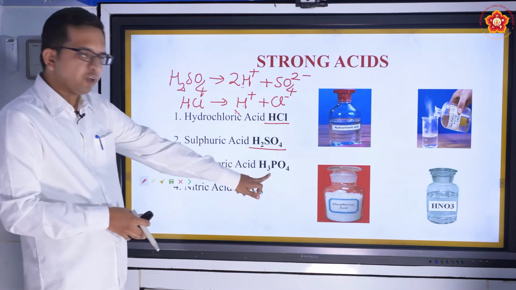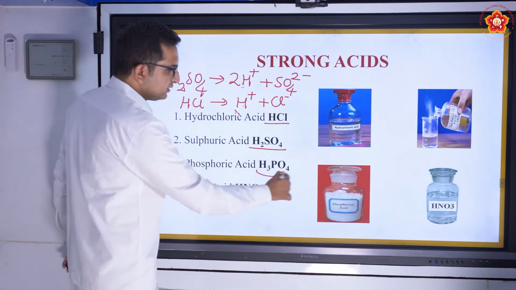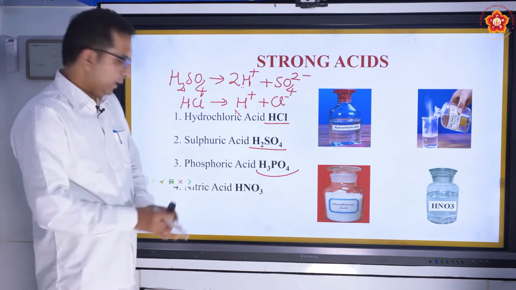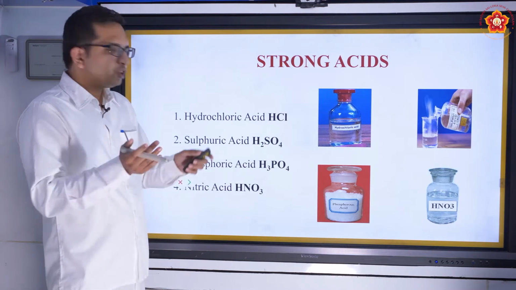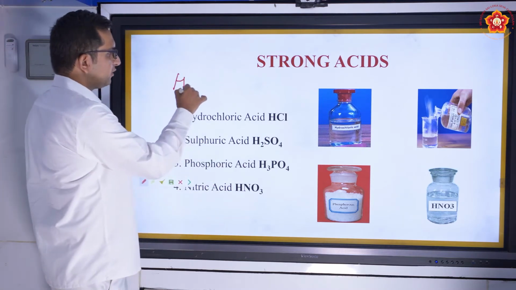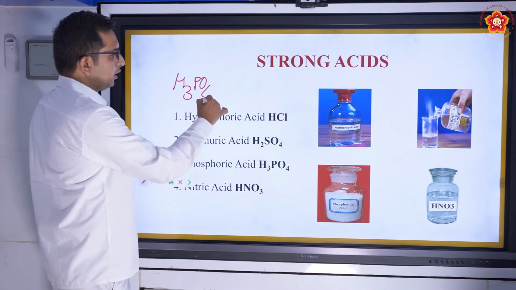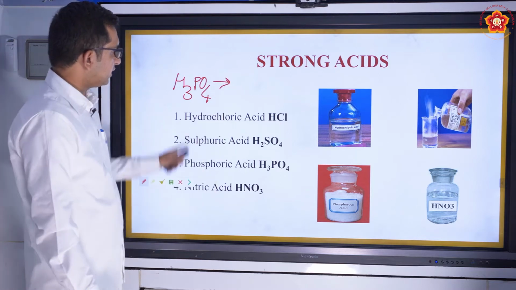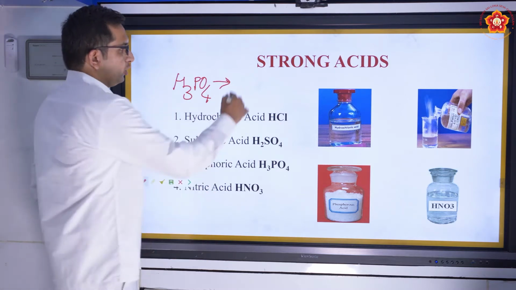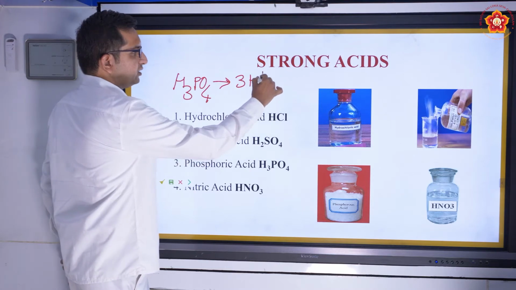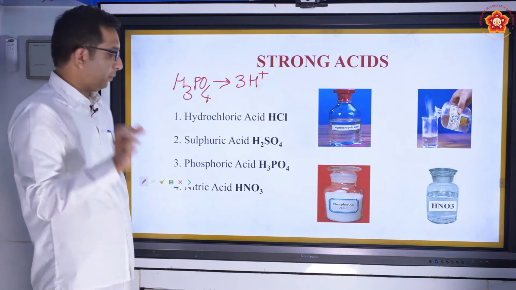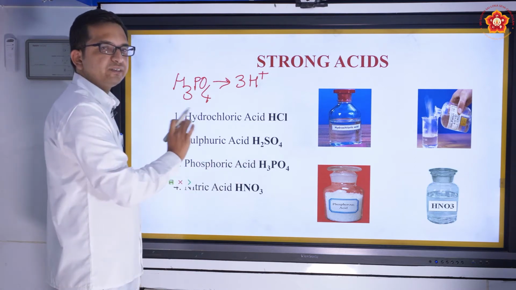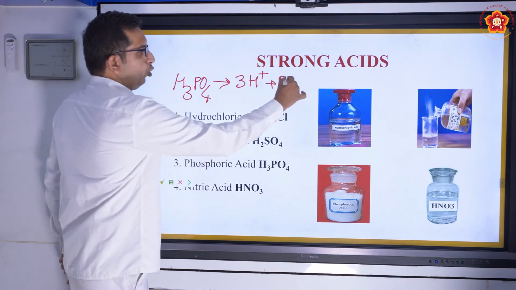In the same way, I hope you will be able to analyze this H3PO4. Maybe you can just try these aspects, but slowly I will be explaining. Now I understand very well that there are 3 hydrogen atoms, so naturally I should be getting 3H+. And what is the other part? This is the phosphate part, phosphoric acid, PO4.